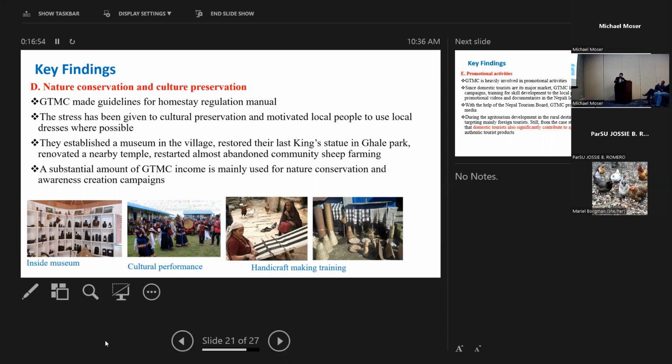They also restored their last king's statue in the Kale Park. They also renovated the nearby temple. They also restarted the almost abandoned community sheep farming in the village. And GTMC also spent a substantial amount of income in nature conservation and cultural preservation.